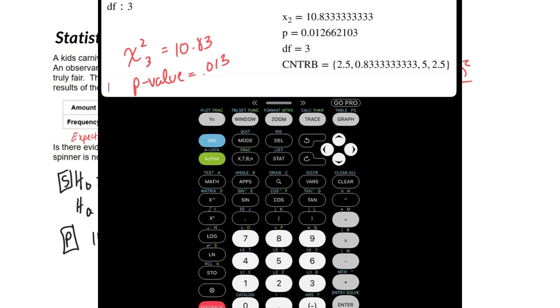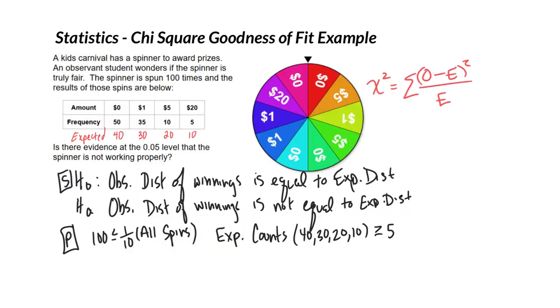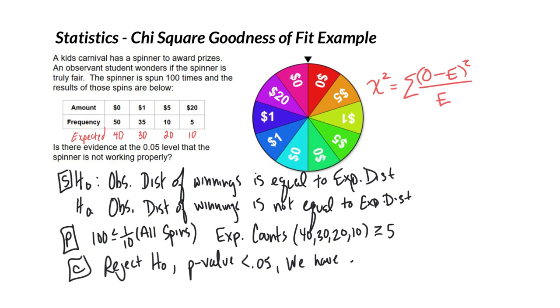Now, I'd said to do this at the 0.05 level, so our conclude on this would be that we reject the null. And the reason is the p-value is less than 0.05. What does that mean? We have evidence the spinner is not working properly.